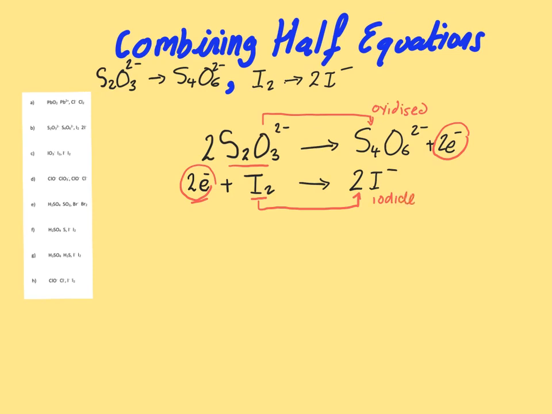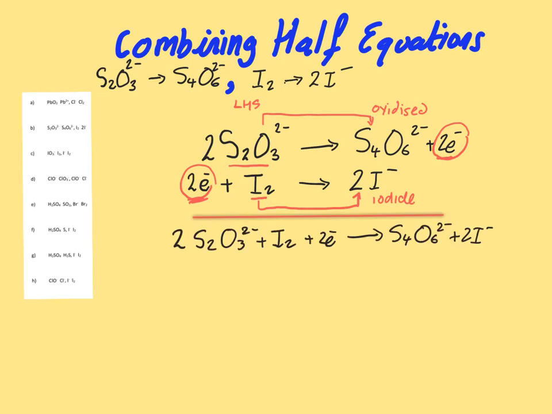So we always have, on the reactant side, on the left hand side, an oxidizing agent and a reducing agent, and the electrons must balance. So electrons in the half equations must appear on either side. We must have one species becoming oxidized and one species becoming reduced. If species appear on both sides, they can cancel out.